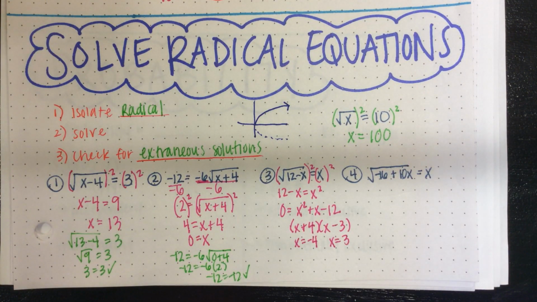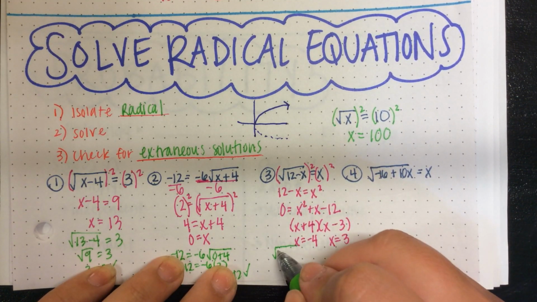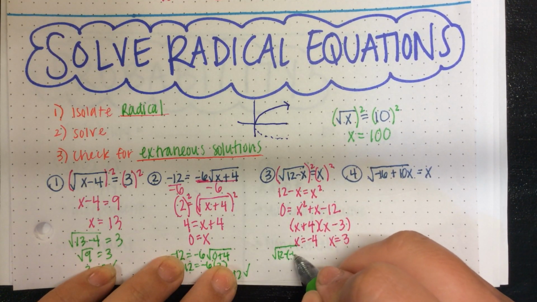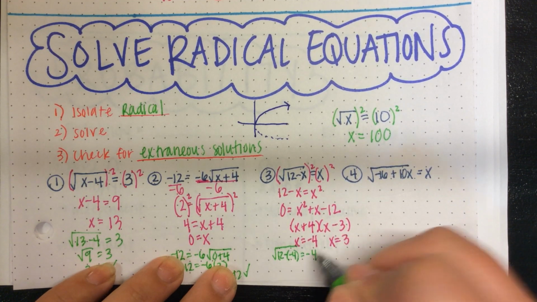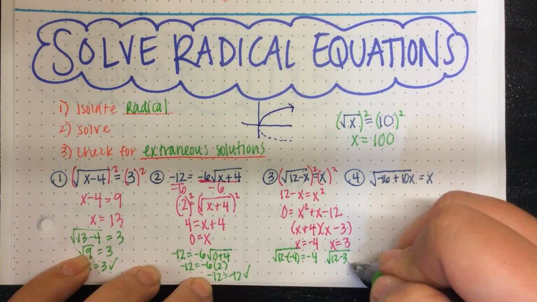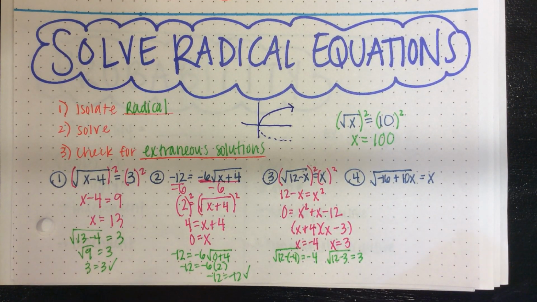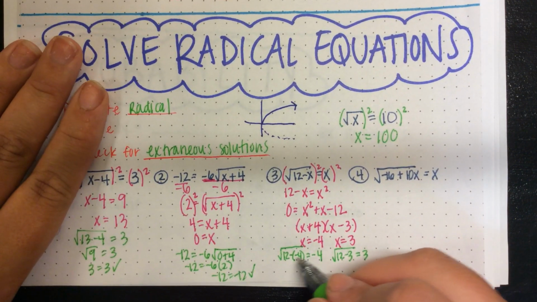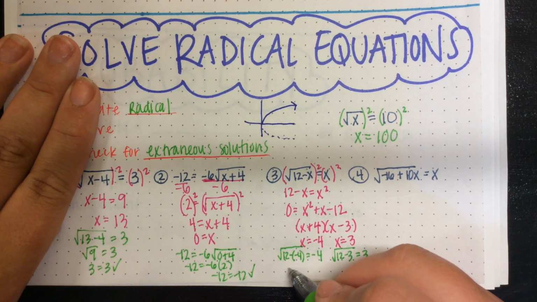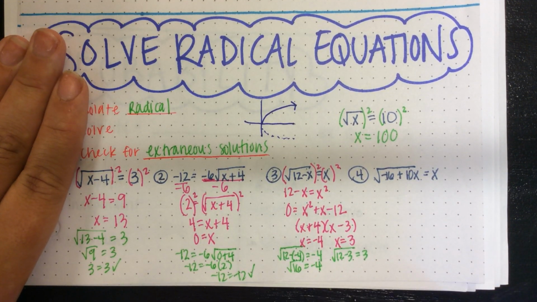Got to check both solutions, right? So if I go back to my original problem, the square root of 12 minus negative 4 has to equal negative 4. And the square root of 12 minus 3 has to equal 3. So 12 minus negative becomes plus. 12 plus 4 is 16. And remember, when we do our radical equations, we're only working with the positive root.